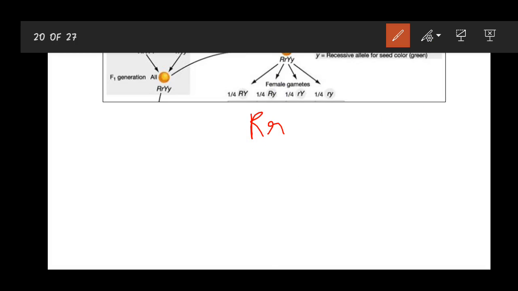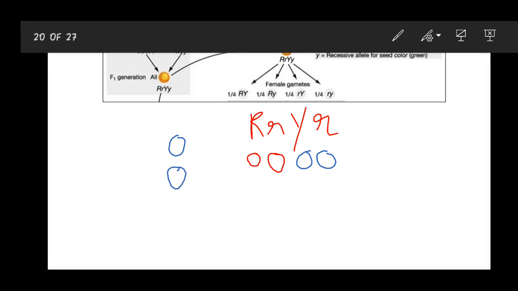This was the heterozygote, and Mendel considered that this is small r and the other one I take in a different color like this. During gamete formation, we'll see what happens. This is what we call the metaphase arrangement, and during the metaphase arrangement, this is capital R, and this is capital Y.